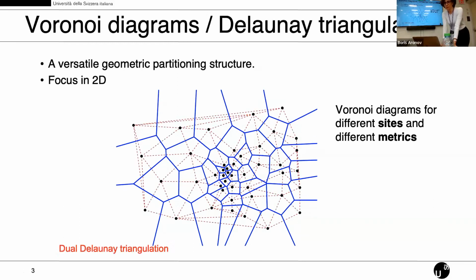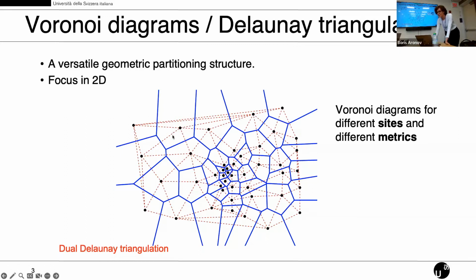We are also all familiar with the dual Delaunay triangulation of the Voronoi diagram, which you see here in red. So I don't need to explain what a Delaunay triangulation or a Voronoi diagram is. You have a set of sites which are points, and the Voronoi region of the site P is the locus of points closer to P than to any other site.